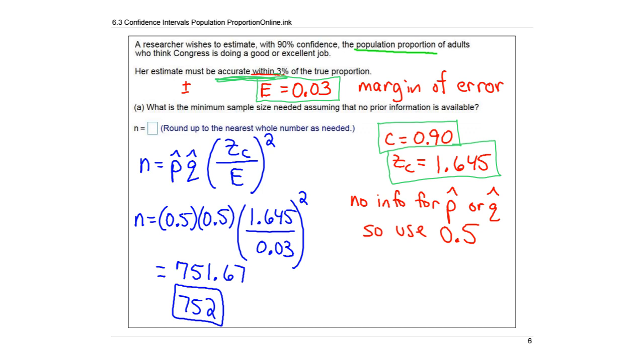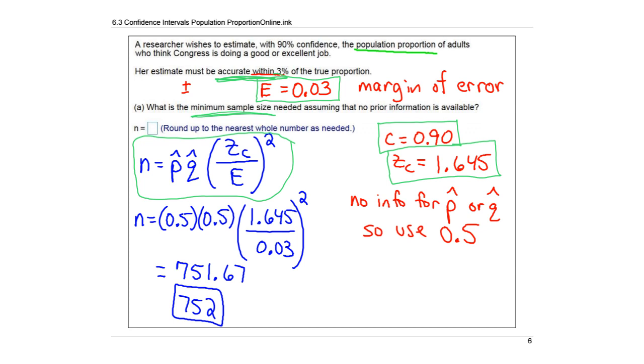We're going to change it back to a decimal. Okay, so I think we have everything we need. We've got c, we have z of c, our critical value, we have our margin of error, and we have our formula, because it's asking for minimum sample size. As soon as it asks for that, go to your resource sheet and find your formula for that.